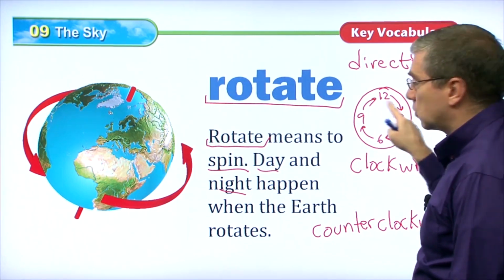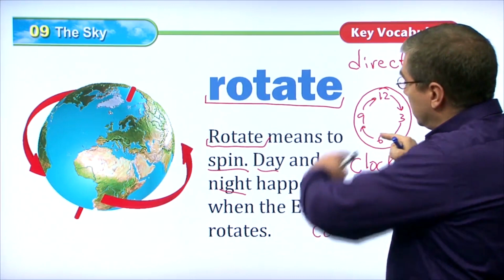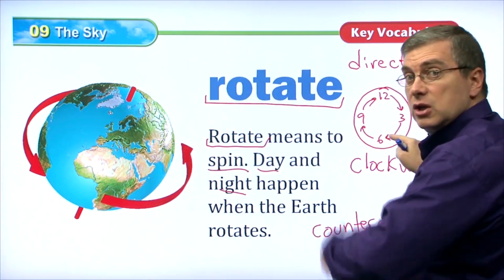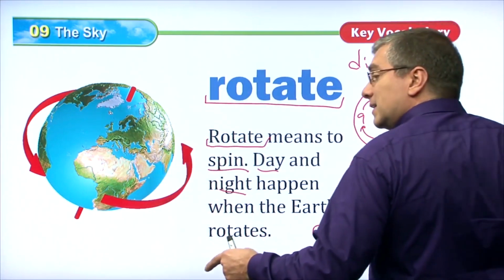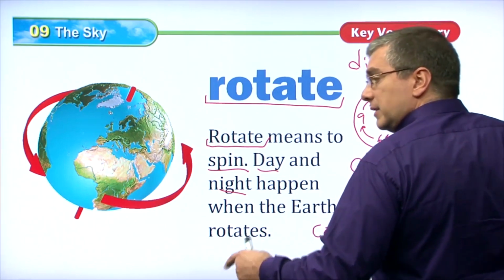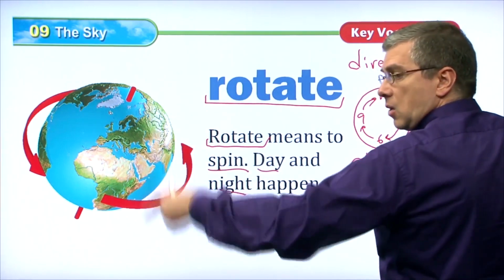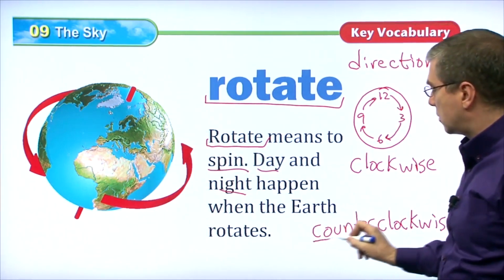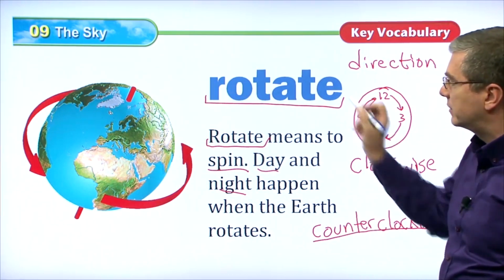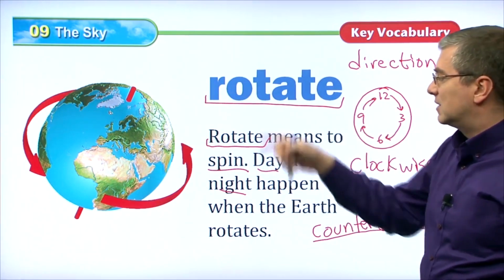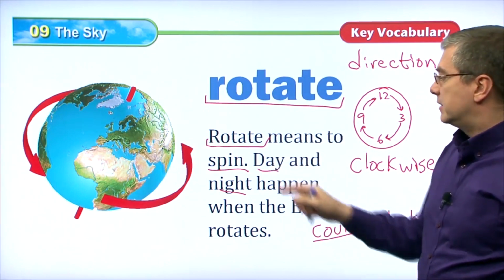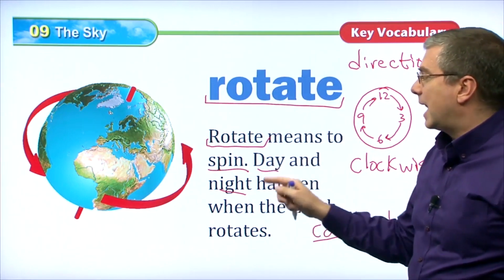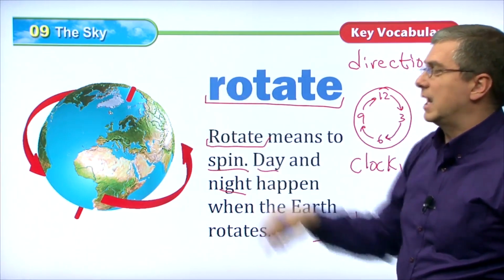In other words, it's going around to the left in a circular motion. If it goes to the right in a circular motion, that's clockwise. This is counterclockwise. So the Earth is rotating in a counterclockwise direction. Rotate means to spin. Day and night happen because the Earth is rotating.